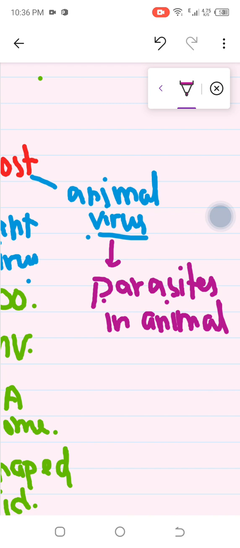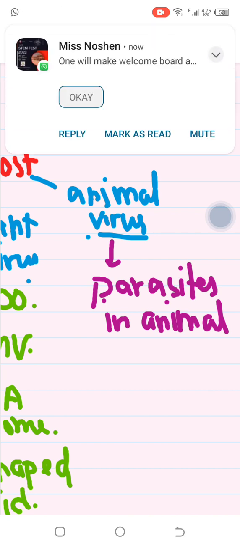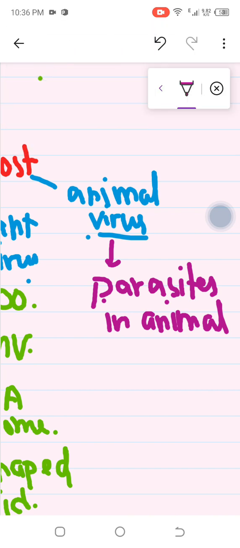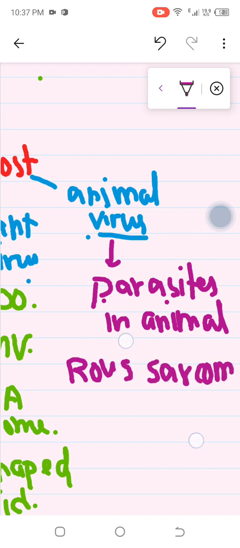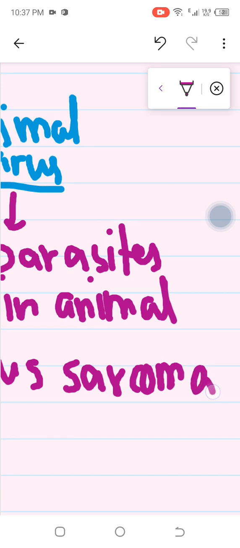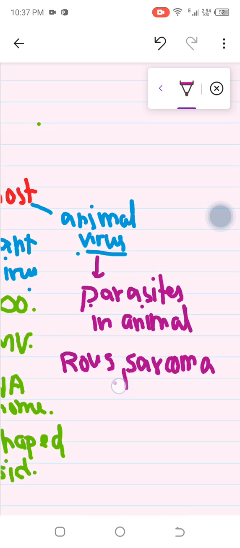We have different types of animal virus. This is Rous sarcoma virus, which causes cancer in animals. That virus is known as Rous sarcoma, which causes cancer in animals.